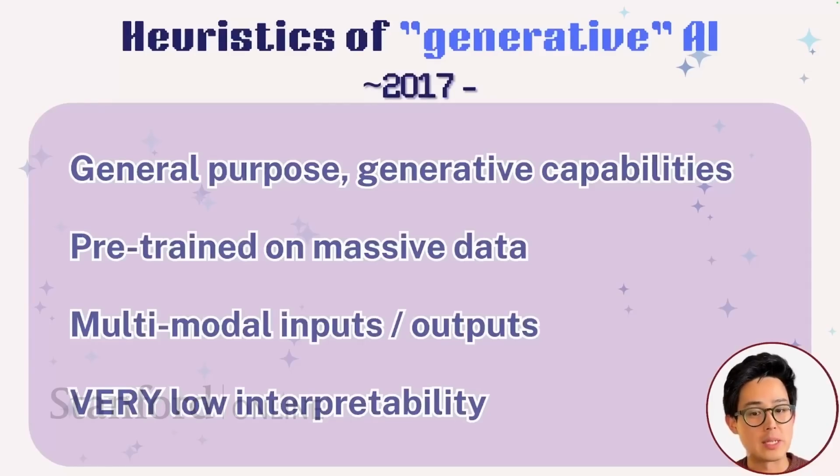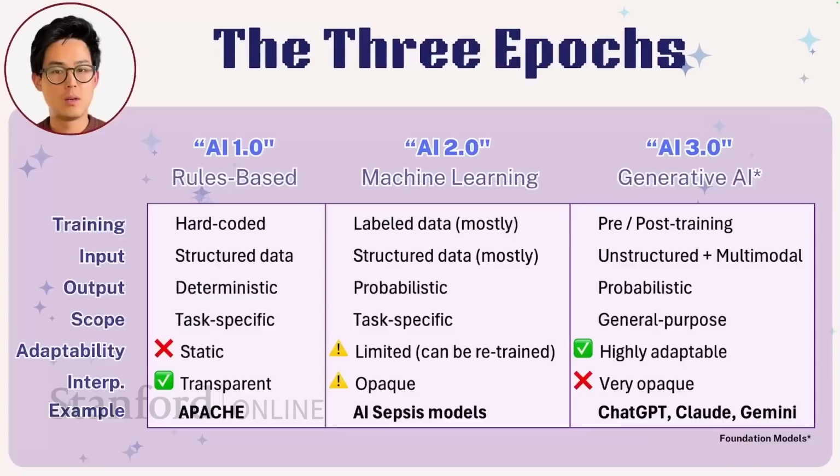This is what enables them to generalize across a wide range of use cases. Now, in terms of inputs and outputs, they're often multimodal, capable of handling and producing different kinds of data, so text, images, audio, video, etc. And then finally, when it comes to interpretability, this might be the most opaque of the three. These models can really generate impressive results, but it's really difficult to trace how they arrived at a specific output.